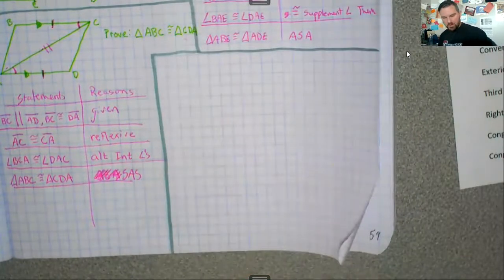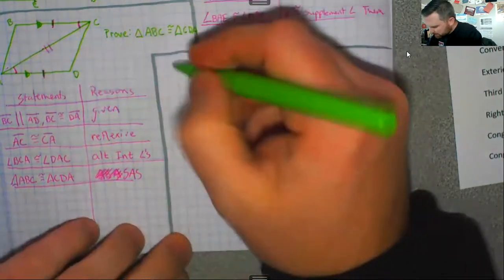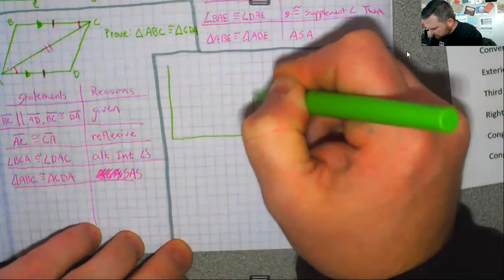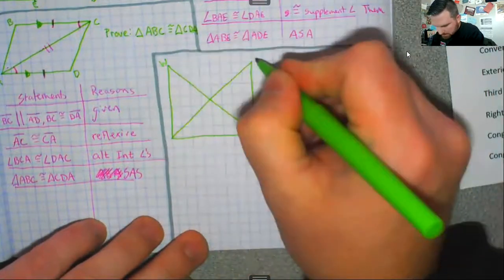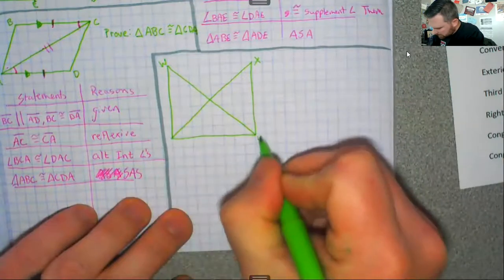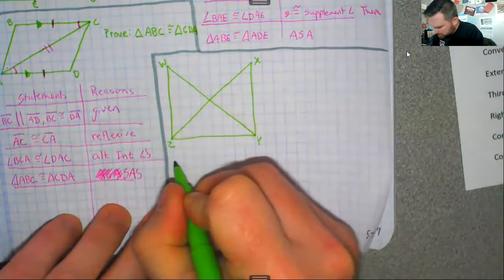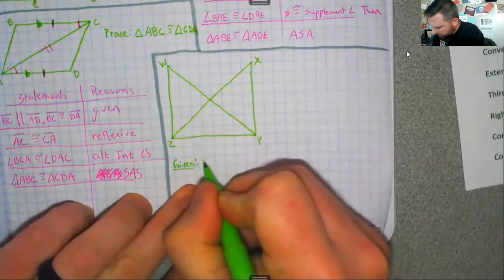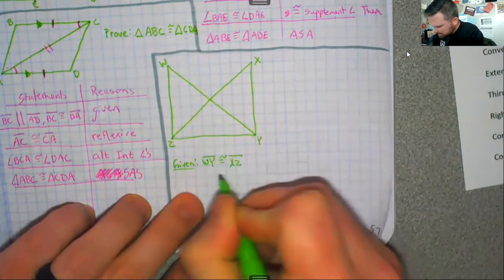All right, we have one last proof here to do. So we're going to look at this picture. W, X, Y, Z. And we are given that WY segment is congruent to XZ segment.